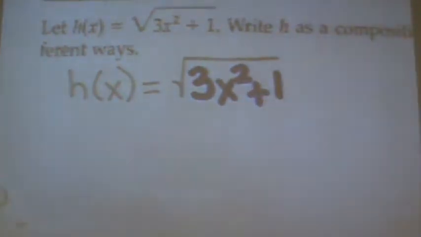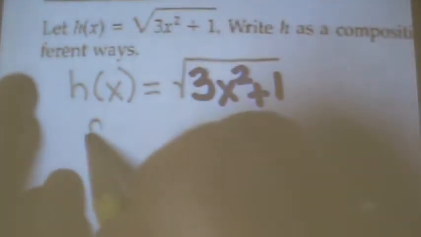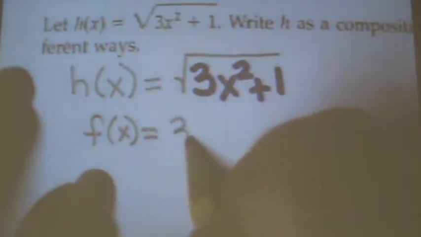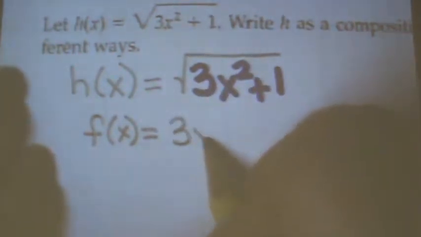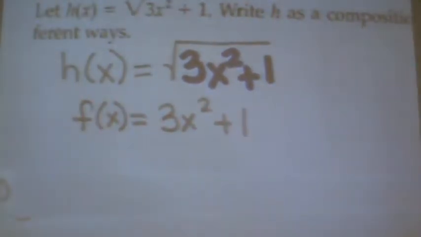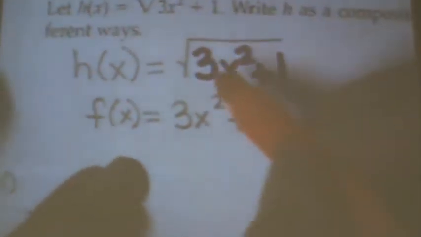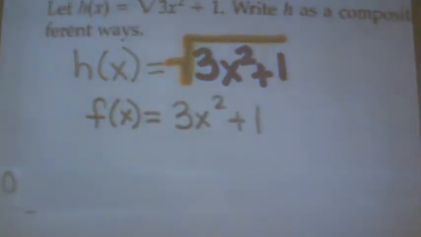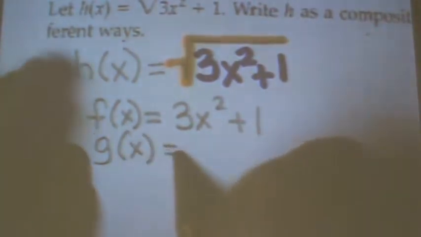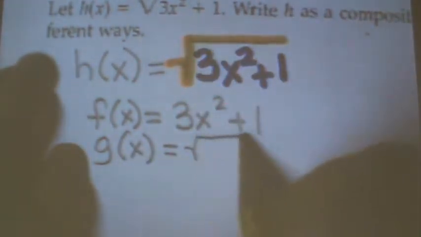I'm gonna name f of x, or g of x, whatever letter you like. f of x is gonna be what's underneath here. So let f of x equal 3x squared plus 1. Everybody with me? Okay, and then I'm gonna go outside, and I'm gonna use my orange highlighter, and say g of x is the square root of something.